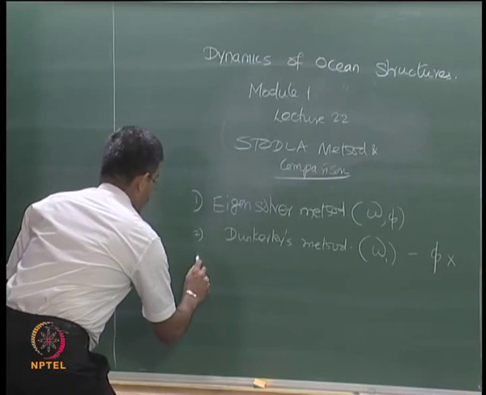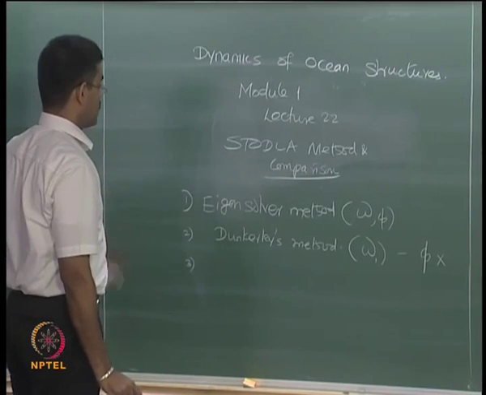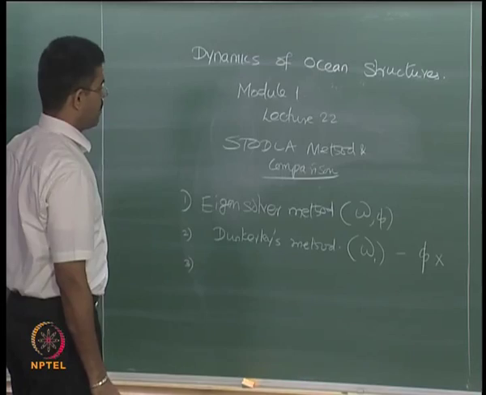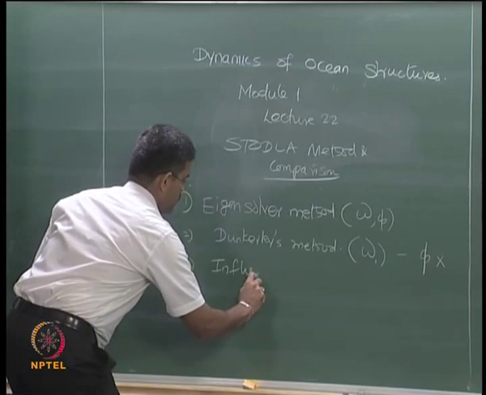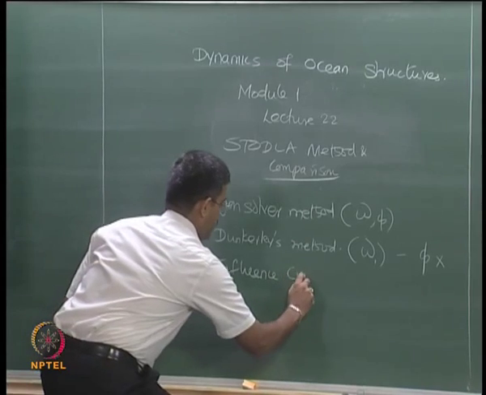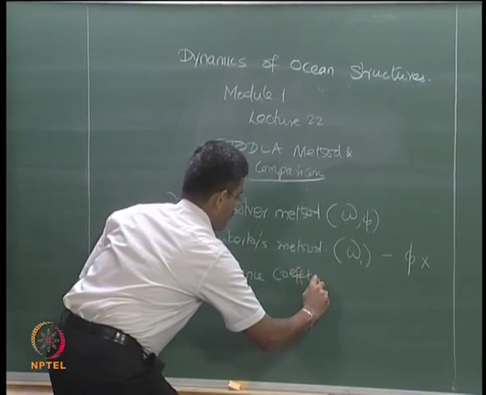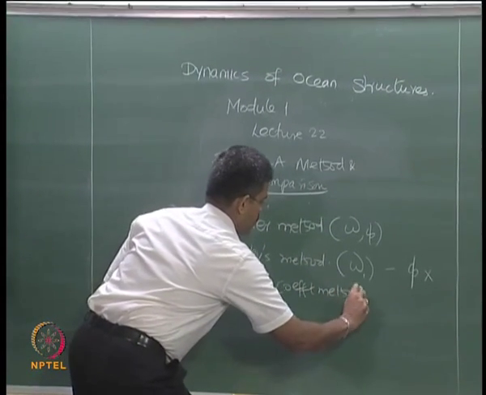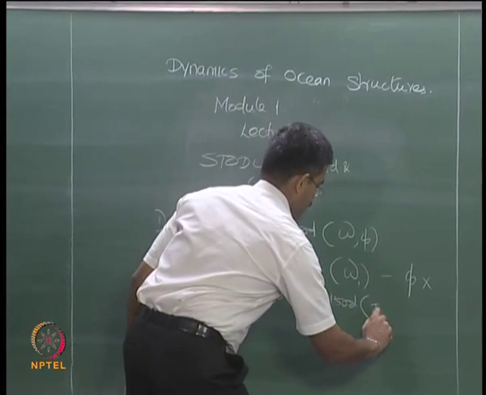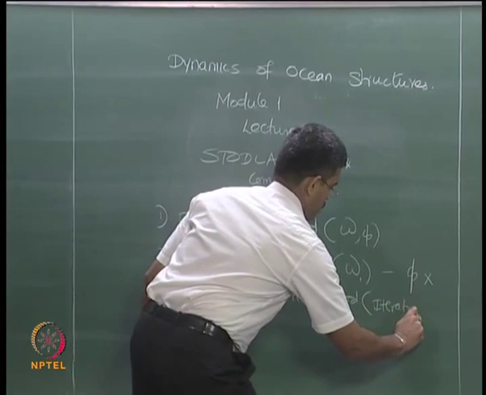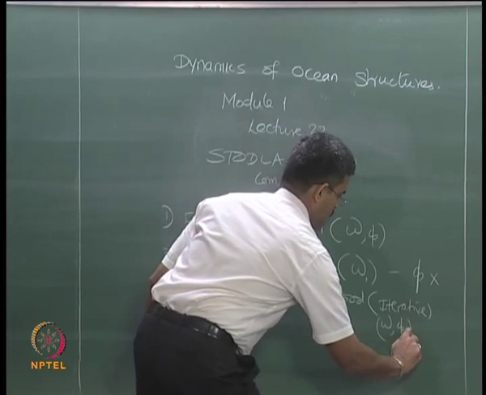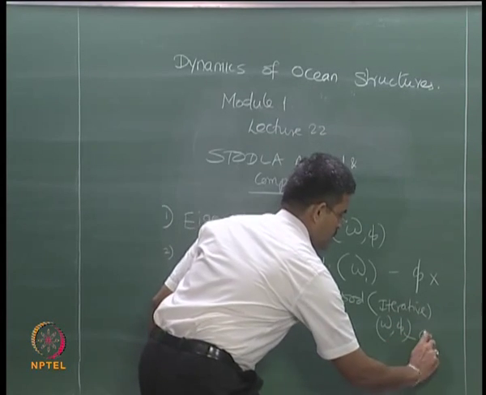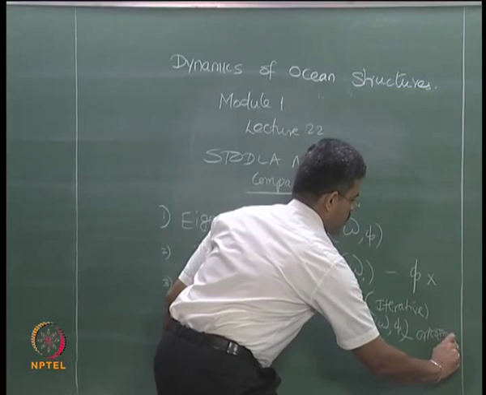Then the third level of interesting method where we discussed to find omega and phi is the influence coefficient method, which is an iterative scheme which gives me omega and phi, another advantage is they also become orthogonal.